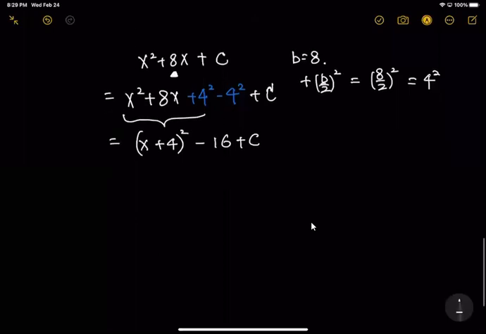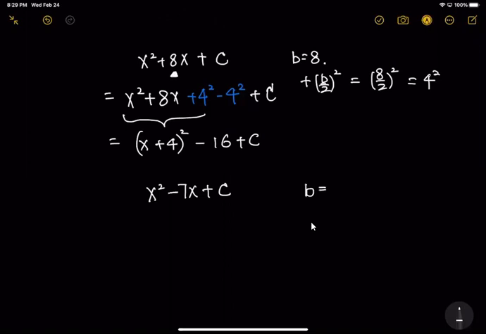Now let's try another one. x squared minus 7x plus a constant c. In this case, our b is equal to -7. Don't forget the negative sign. So b over 2 squared is equal to what? -7 over 2 squared.